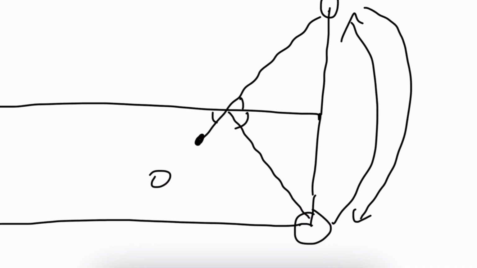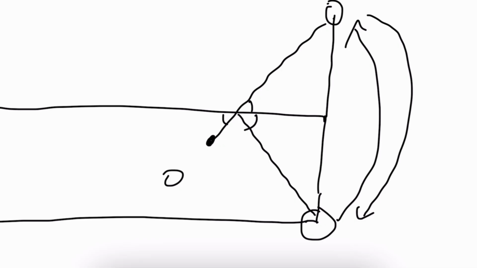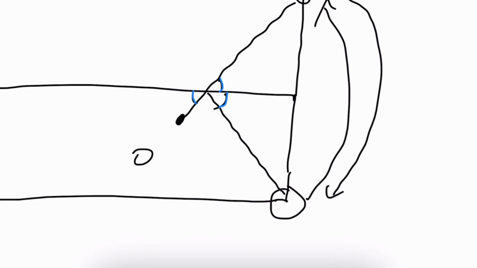So these two blue angles are the same, and this green angle is the same as this green angle. So we have that these three angles are all the same, and so this line here is a true reflection.